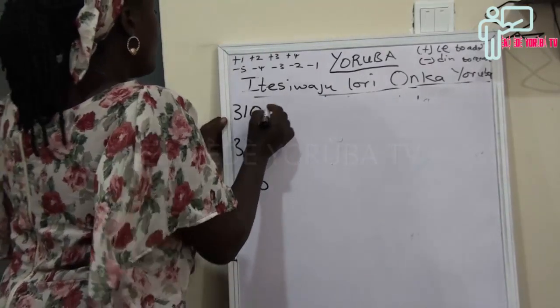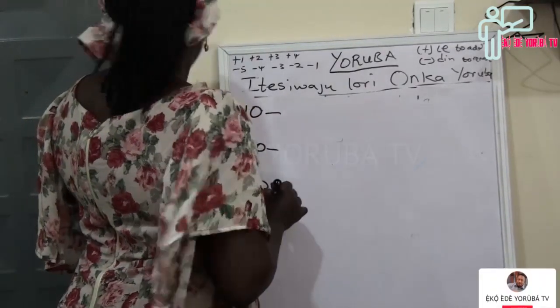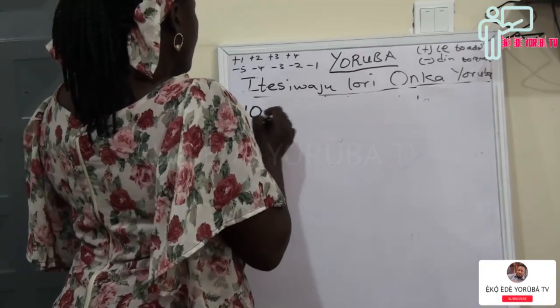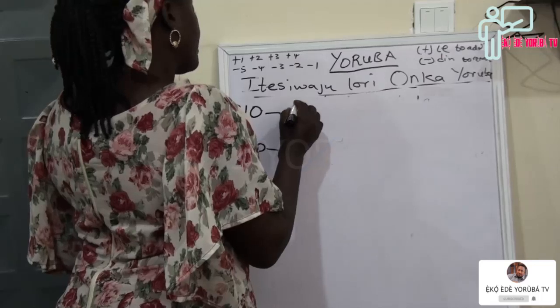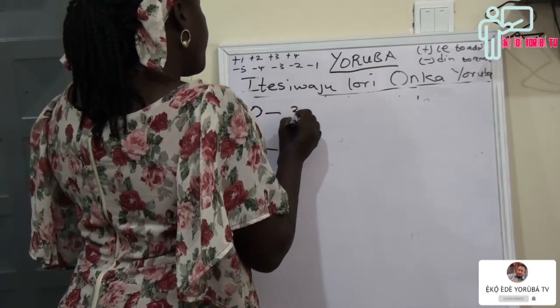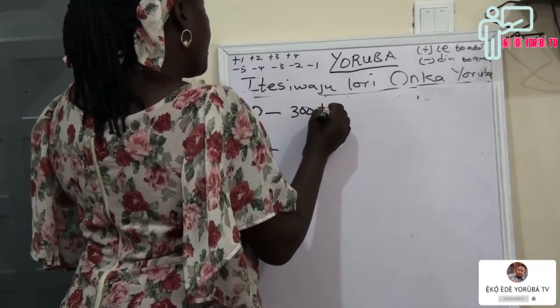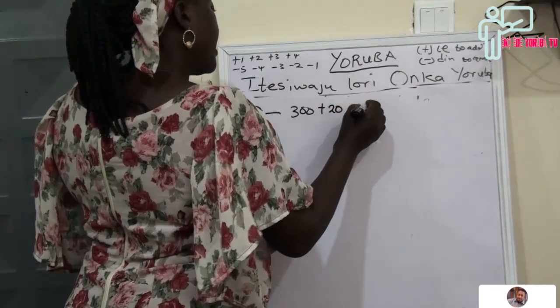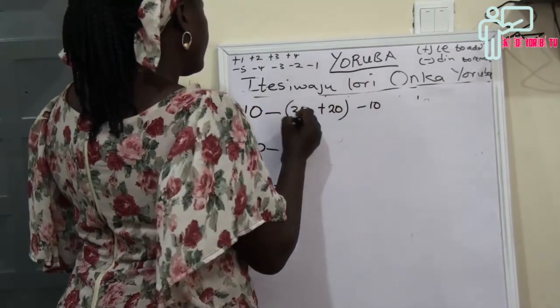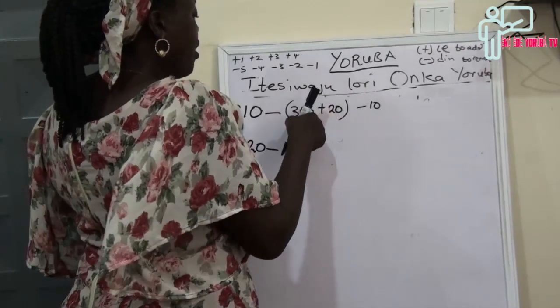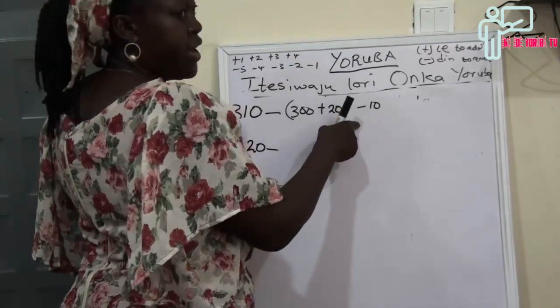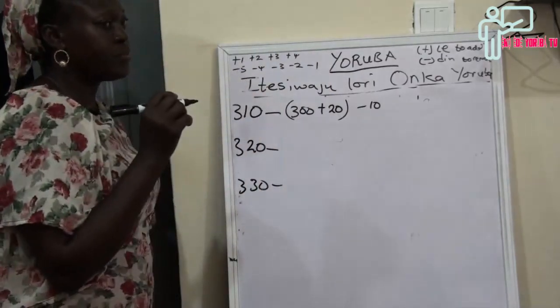So we see it goes for the whole number. This is how we are going to write it. We now say 300 plus 20 minus 10. Okòólélọ́ọ̀ọ́dúnrún ó lé mẹ́wàá.